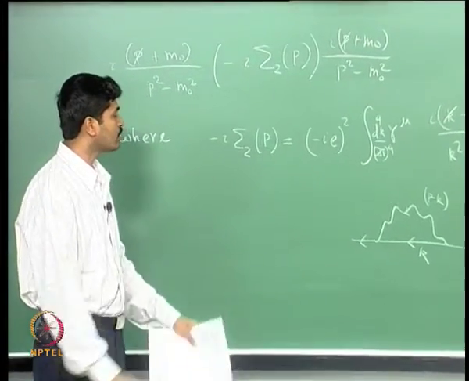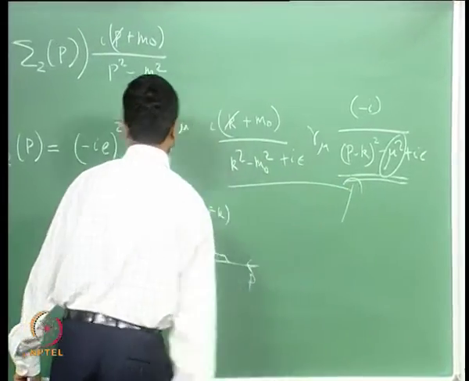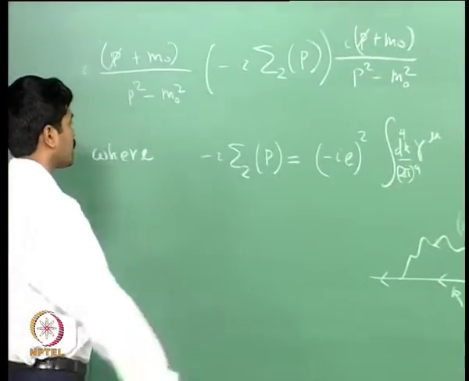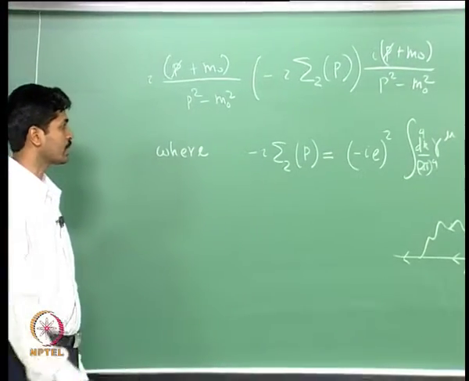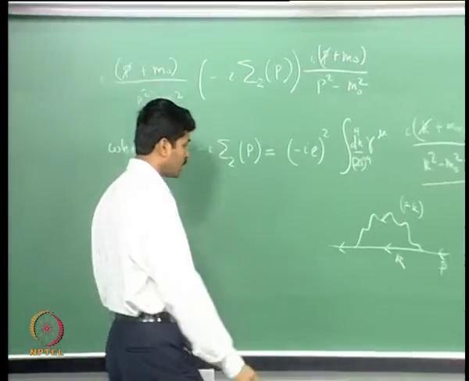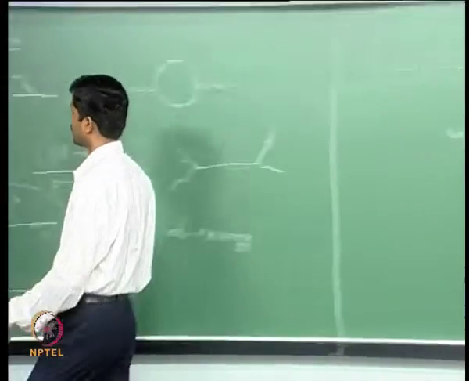Again, we have evaluated integrals like this when we discussed the vertex correction. What we need to do is use the Feynman parameterization.